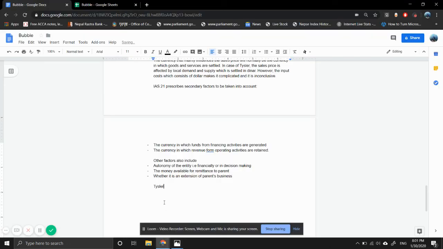So Tislar has significant autonomy and is independent of financing, and in decision making as well.